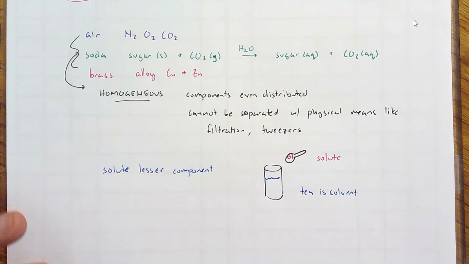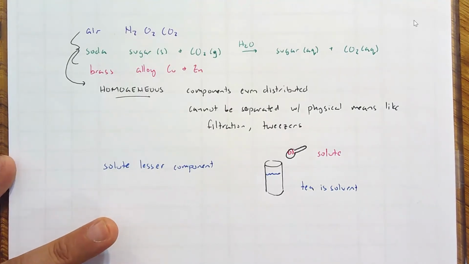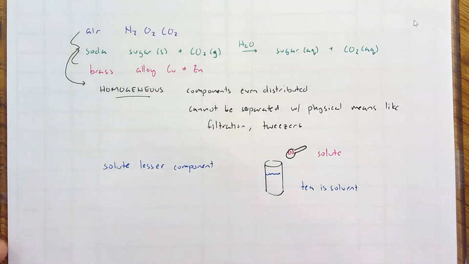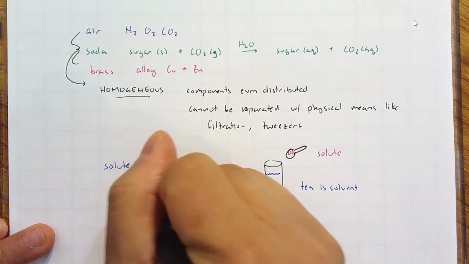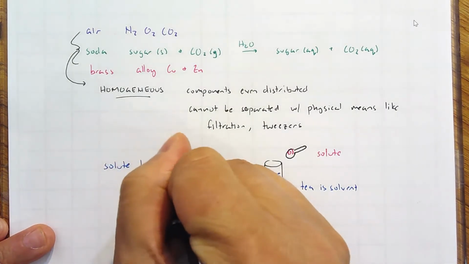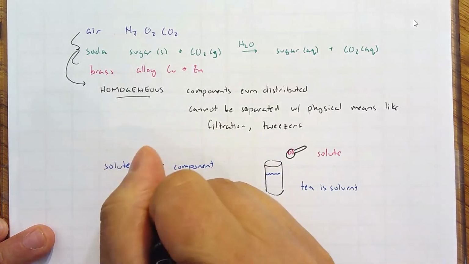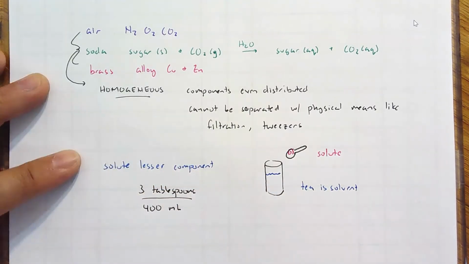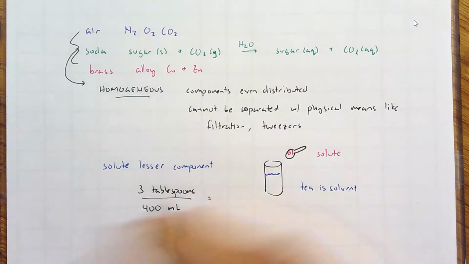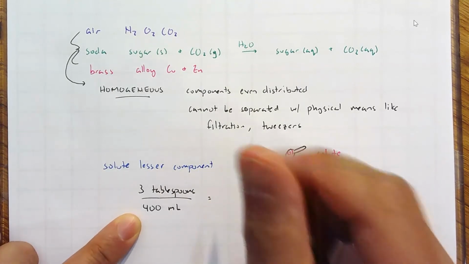And we could also talk about concentration. We'll talk more about concentration in a later video, but in simple cases, maybe we have 3 tablespoons. That seems like a lot, actually. 3 tablespoons per, let's say, 400 milliliters. So what would that be in tablespoons per milliliter? Maybe we should do it by liter.